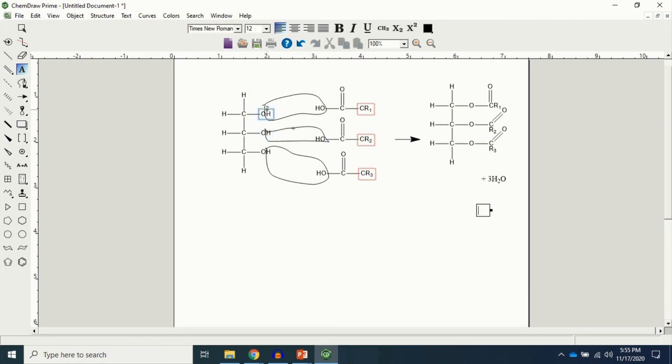So if I remove this large blob of glycerol and add methanol, which is a very small molecule, as you can even see by the size of it, it becomes a far more volatile compound, and hence it becomes easier to use in automobiles and so forth. So this is just an insight into what I wanted to show you.